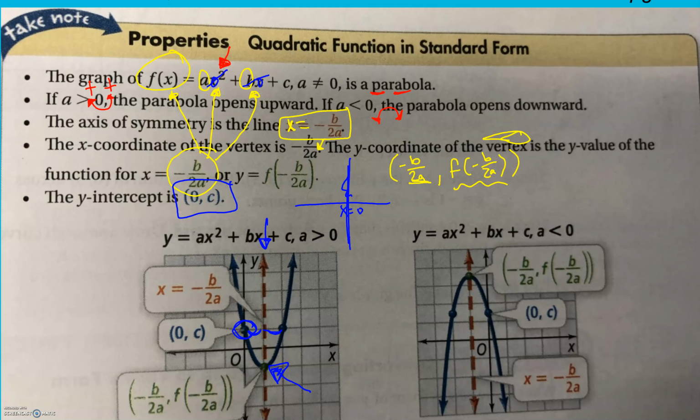And in order to find our vertex, which is on that axis of symmetry, they used what we got for the negative b over 2a, plugged that into our function, and got a value. Same idea here on the second one. The only difference is a is less than 0, which means a is negative, so it's a sad face parabola. Instead of over here where a is positive, so it's a happy face parabola.